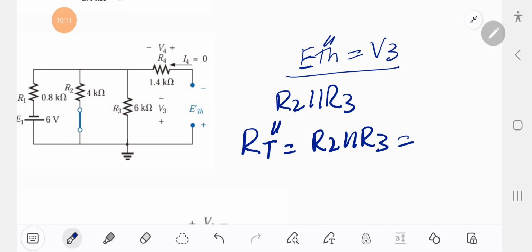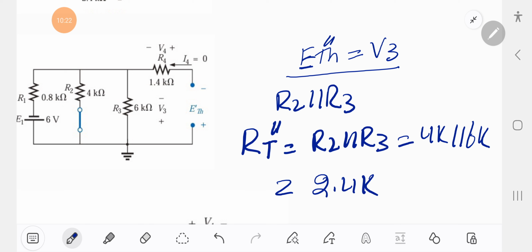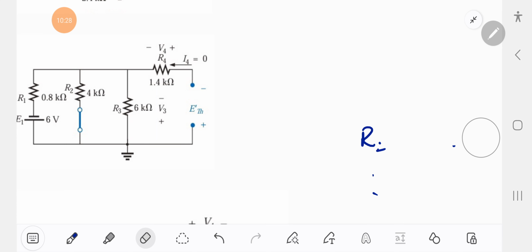Now R2 and R3, 4K parallel to 6K, is equal to 2.4K. So RT double dash is actually in series with R1.